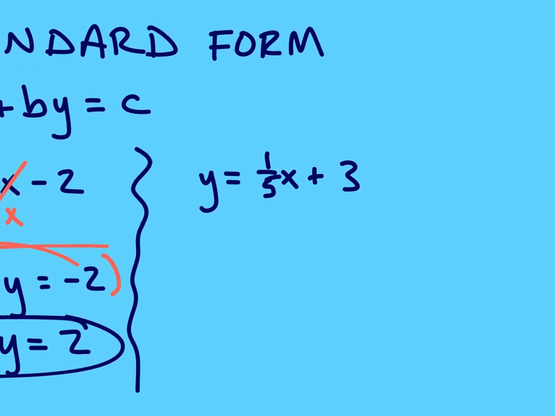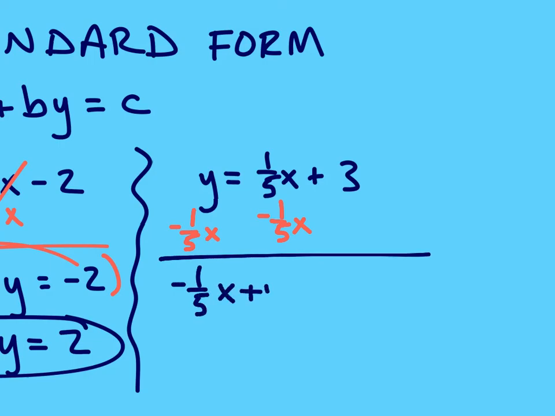Now if I do the same thing over here on this side, I'm going to subtract 1/5 x, minus 1/5 x, and as a result, I'm going to get negative 1/5 x plus y is equal to 3. Now, I don't want a fraction, nor do I want a negative number.